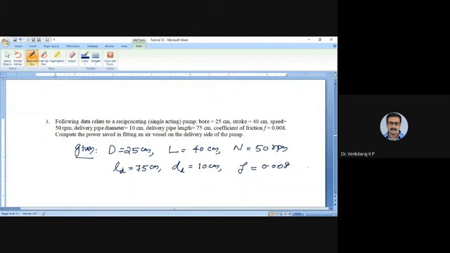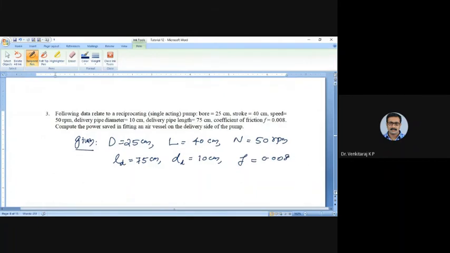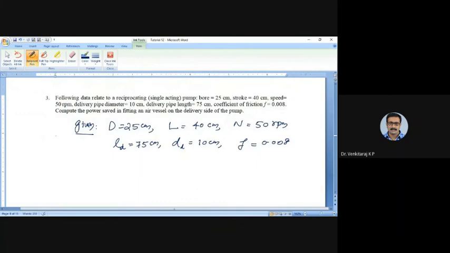So this much data are given. Then to find the power saved.